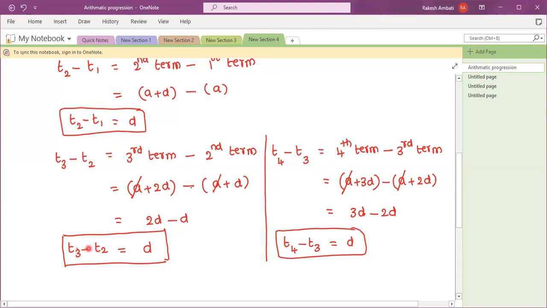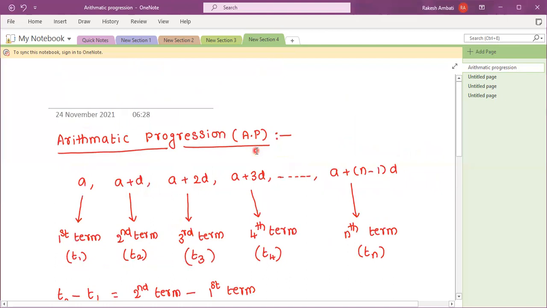You take any two successive terms, and if the difference is the same, that is the arithmetic progression.